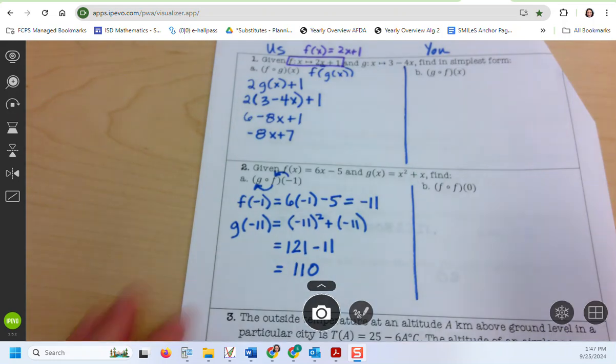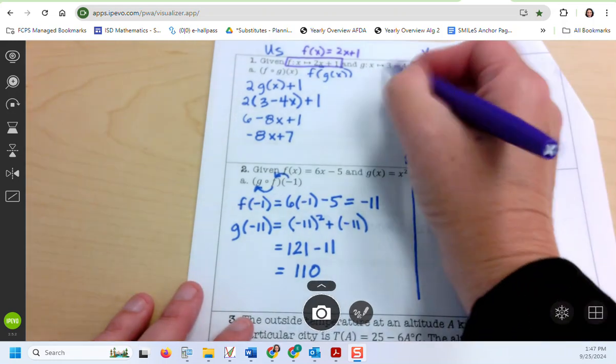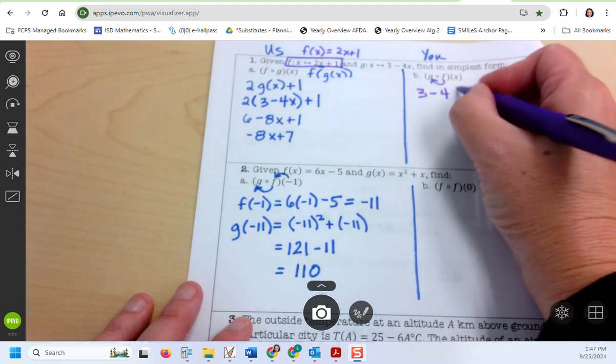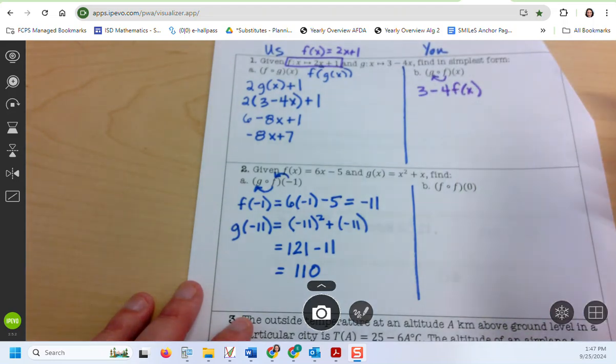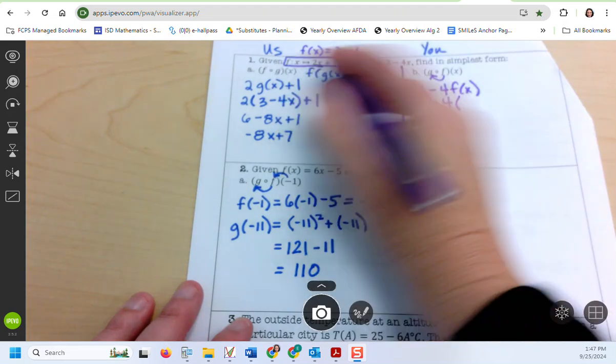In this one, we're putting function f into function g. So I start with g and replace the x with f of x. Then replace the f of x with what it equals.